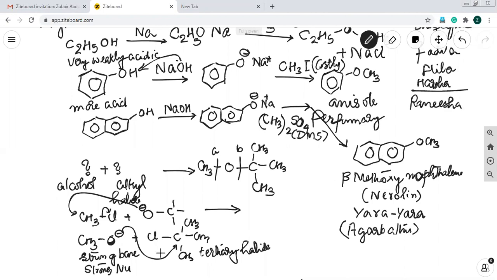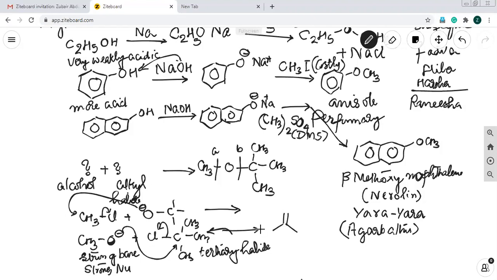Now, you have to attack this carbon, attack on the opposite side. But what happens, we have studied, there is steric hindrance for the approach of this, and therefore elimination will occur, and you will not get the desired product, you will get this elimination product.